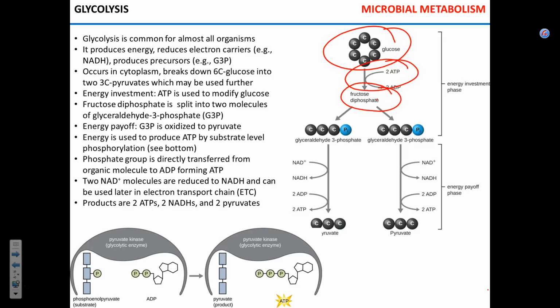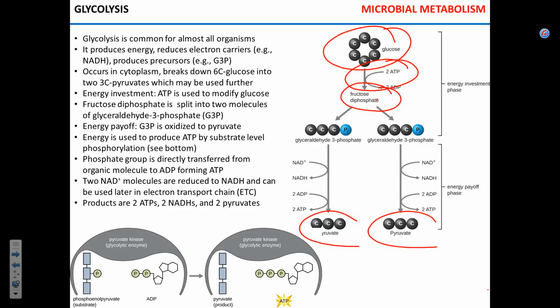Now why do you do that? Any ideas? Well, not you, but why does the cell do it? Why phosphorylate? Why convert it to fructose and add phosphates? Why don't we just split the glucose into the pyruvate?